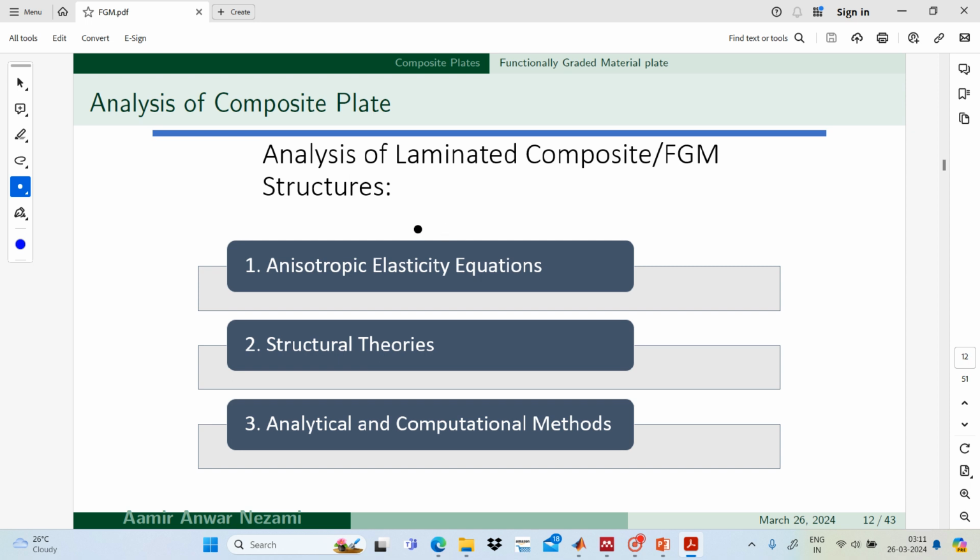Okay, and then structural theories, which may be equivalent single layer theories, 3D theories, or discrete layer theories, and then the analytical or computational methods, whether we want to solve it with the analytical method, Navier's solution, or otherwise we can use computational methods, the finite element method and so on.